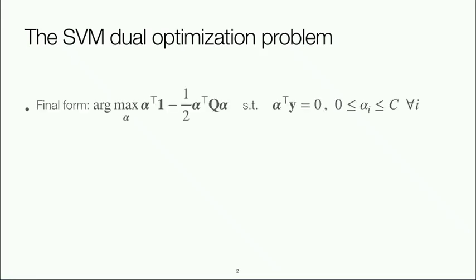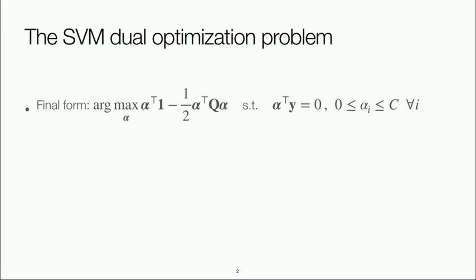So remember the part that we got to last time, I wrote a whole bunch of math on a slide, and the conclusion was that we can reach this final form for the dual formulation of the SVM. Where you're maximizing over these dual variables alpha now, instead of your primal variables.